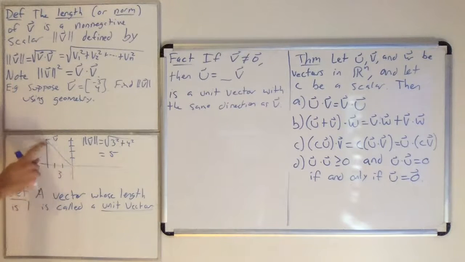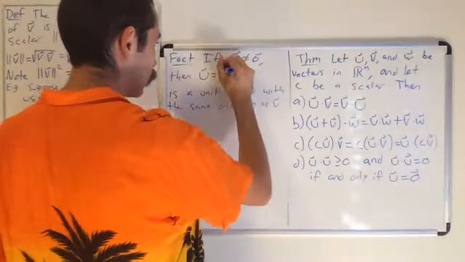This vector is length 5. We want to multiply it by some number such that the new vector that we get has length 1. How do we do that? Yeah, we want to multiply by 1 over the length of V.